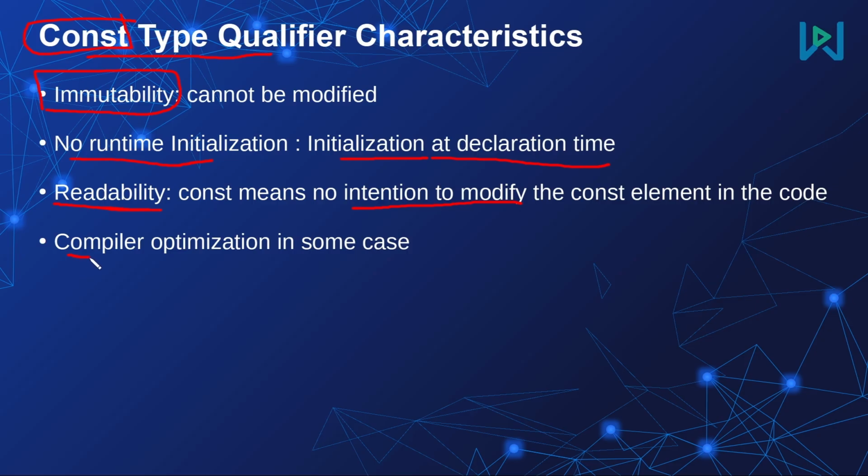And finally, marking a variable or a buffer as const enables the compiler to perform certain optimizations, like making the const part of the instruction opcode. And this is quite good actually from a code size and performance perspective.